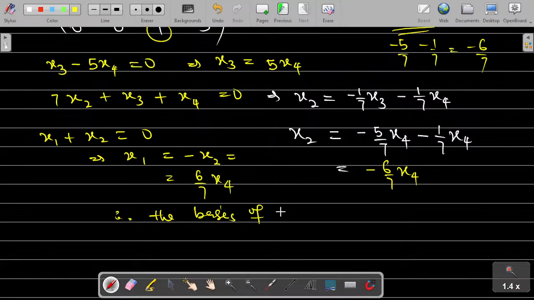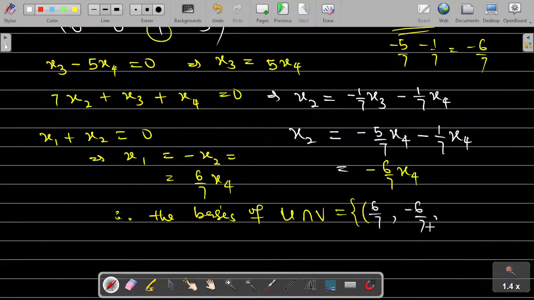of U intersection V is going to be the set that will contain only one vector. And the vector is going to be x1. Just pick out the coefficients of x1, x2, x3, and all that. So the coefficient of x4 in x1 is 6 over 7, the coefficient of x4 in x2 is minus 6 over 7.